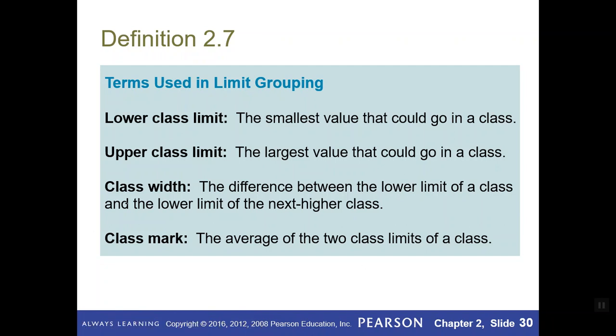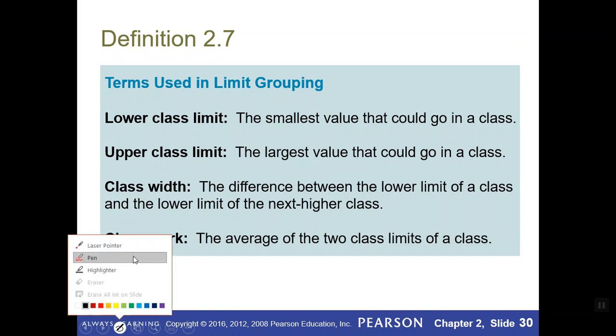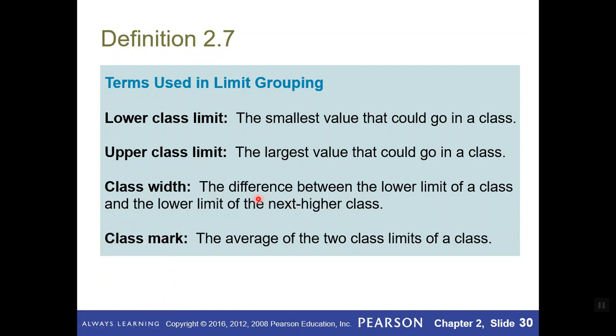Class width means the size of the class. It is the difference between the lower limit of a class and the lower limit of the next higher class.